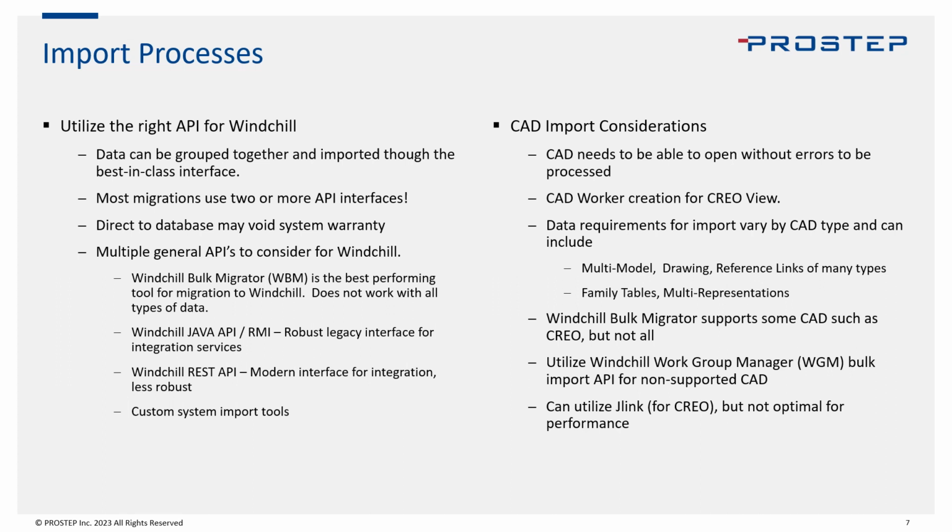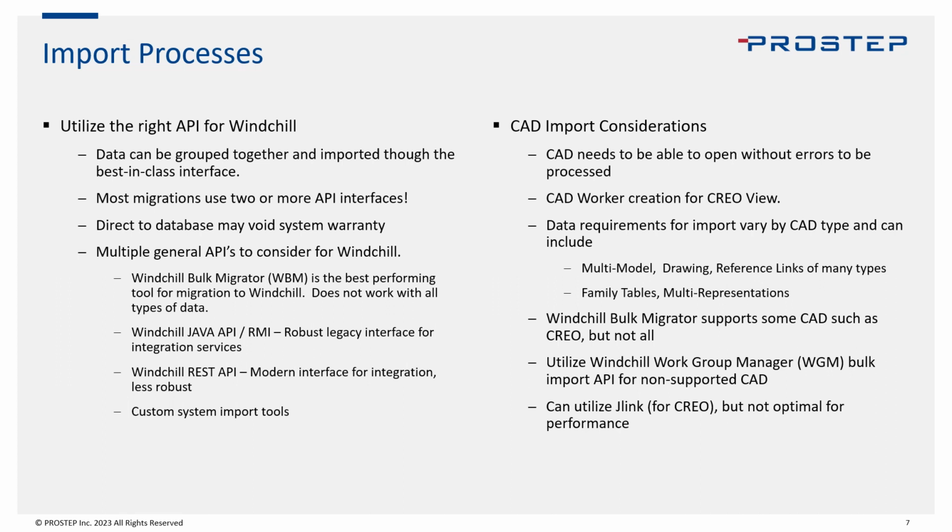of CAD. So in the case that you aren't in a supported category for the CAD and the bulk migrator, then typically you would use the workgroup manager and batch operation for that non-supported CAD. And it's not as performant, right? It will also take a while to import the data, and you can parallelize that to try and improve performance.